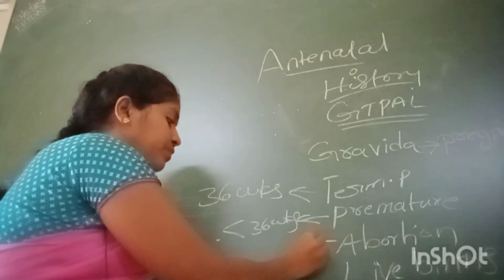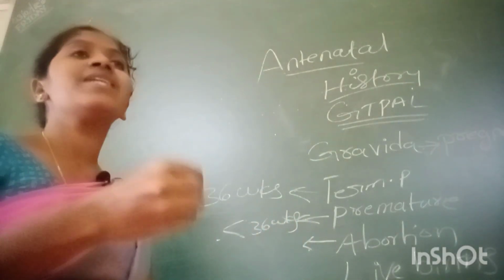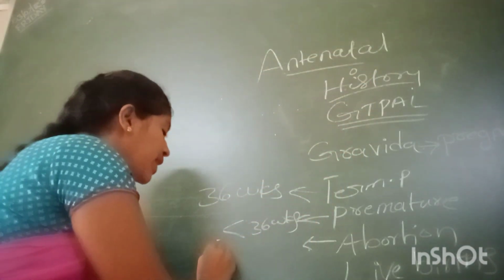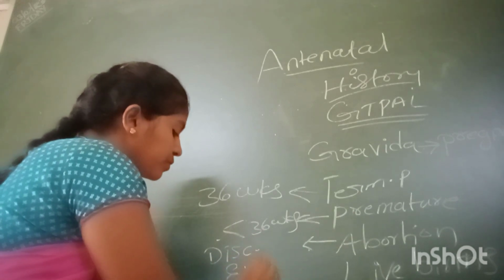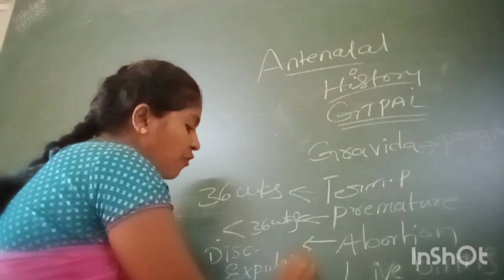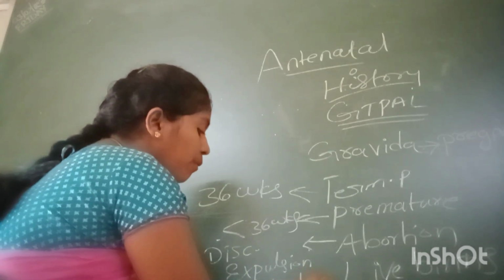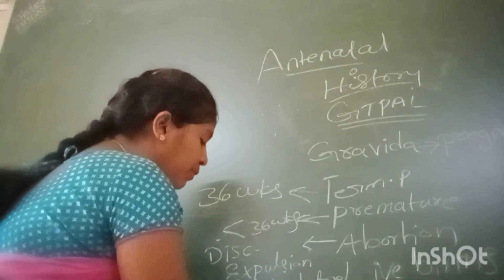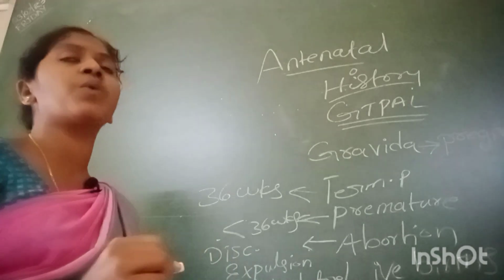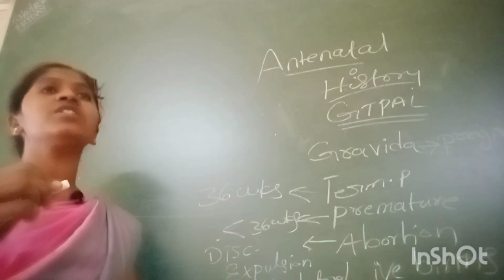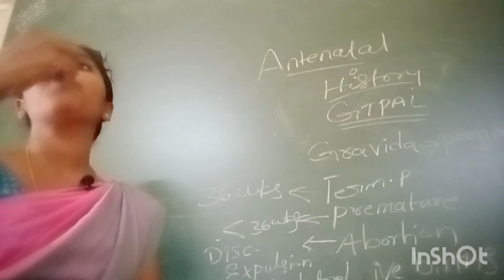And abortion. Abortion is nothing but discontinuation of pregnancy and expulsion of the fetus before 26 weeks. Why do I say before 26 weeks? If the baby is delivered after 26 weeks, the baby can survive.